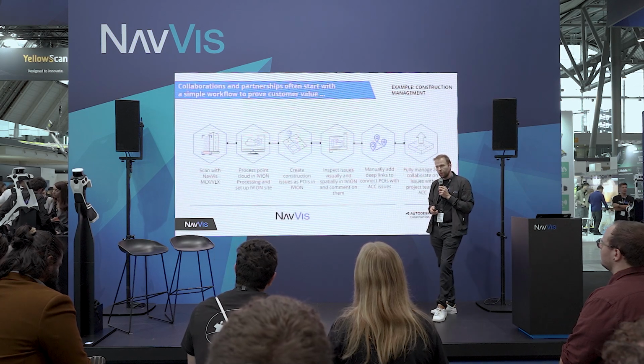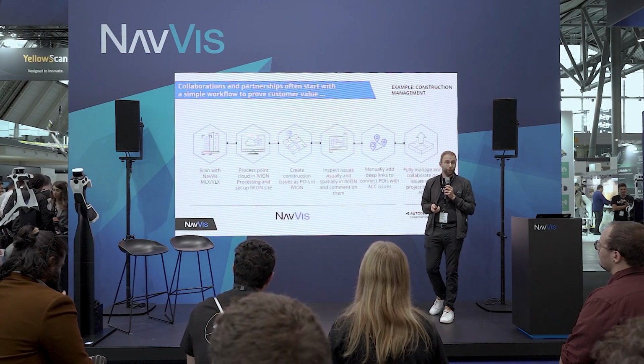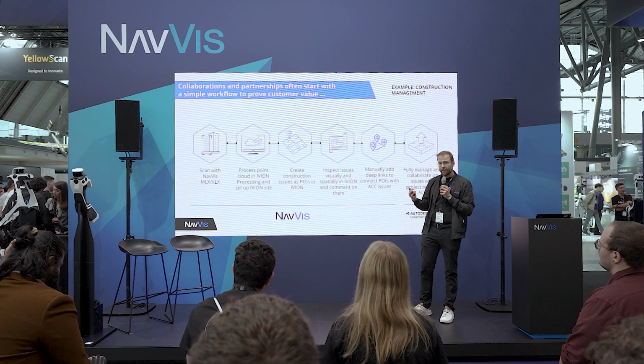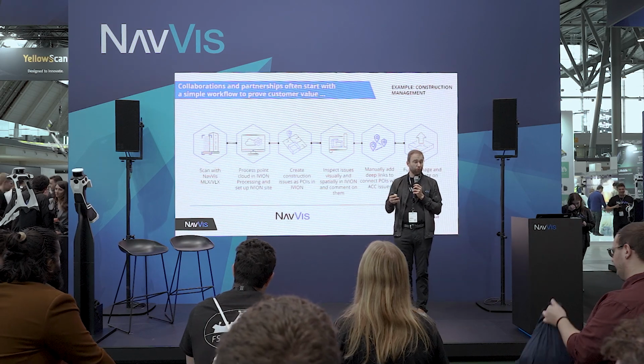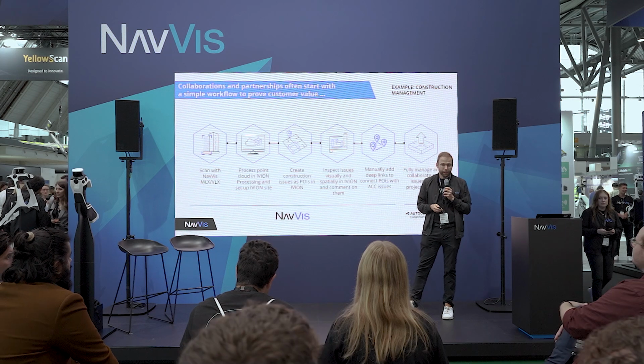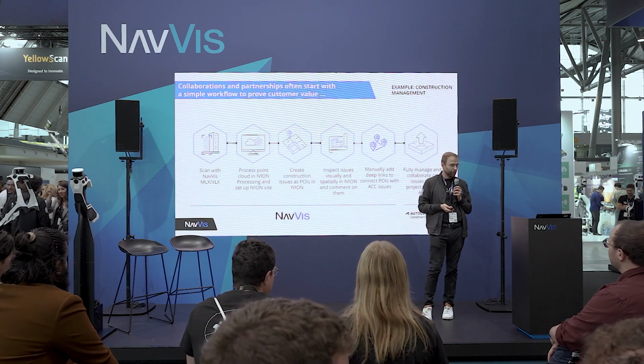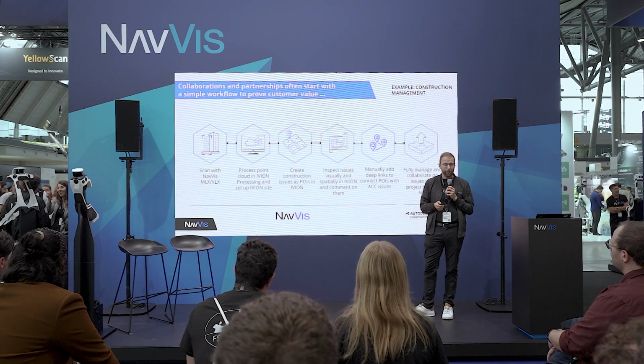The second example I want to show is construction management. This includes things like issue management. You are on a construction site, you see a problem, and you want to point it out to someone. There are tools out there that allow you to do that. One of them is Autodesk Construction Cloud.